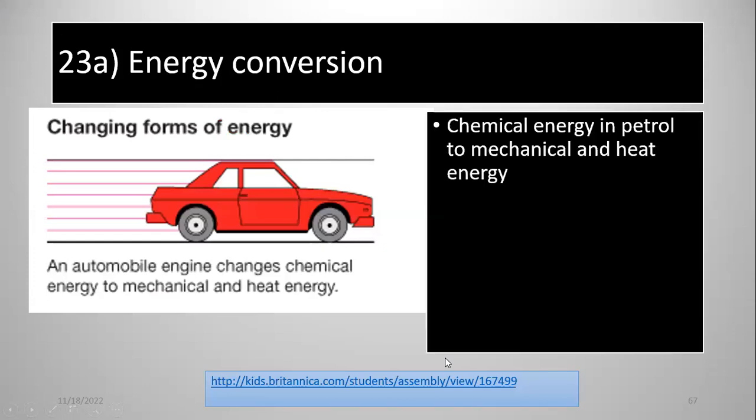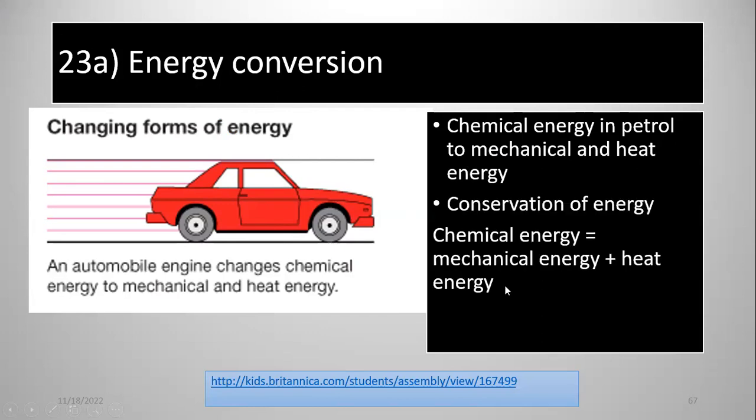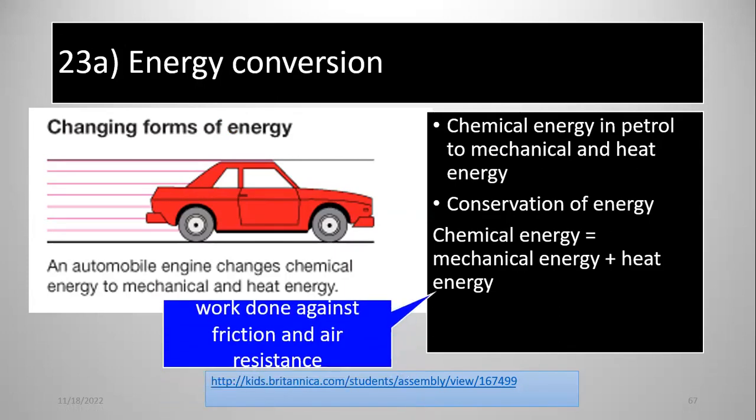Energy conversion. Driving a car, usually you start with the petrol, chemical energy, converted to mechanical energy and heat energy. Mechanical energy is usually your kinetic energy. For conservation of energy, you have to write the equation. Chemical energy changes to mechanical energy plus heat energy.